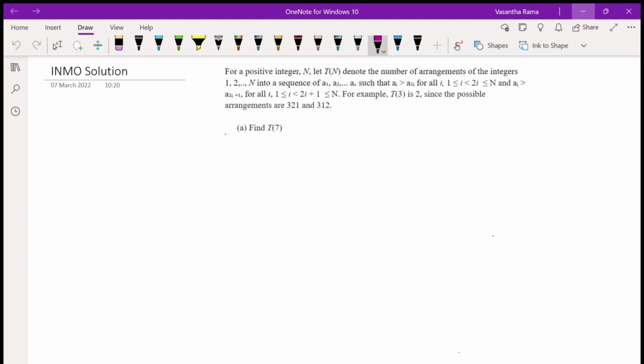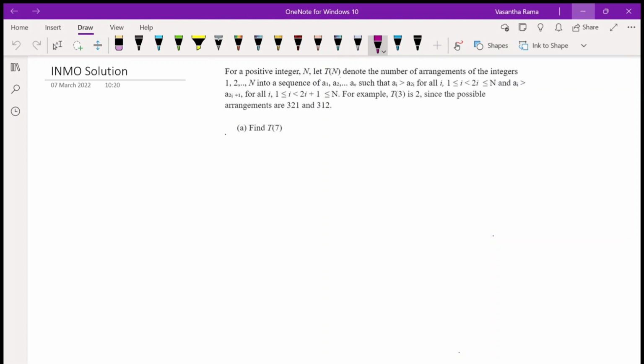So the question basically says that for a given integer n, all the numbers from 1 to n are to be arranged in a particular sequence a1, a2, a3 and so on up till an, where these denote the positions, satisfying some conditions.